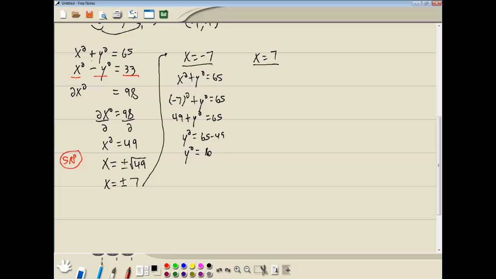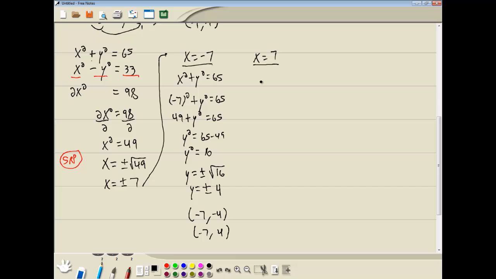Now we use square root property again. We got something squared equal to something else, so we'll drop our squared and put a plus or minus square root around the other side. And square root of 16 is 4. So from that x value, we got -7, -4, and -7, +4.